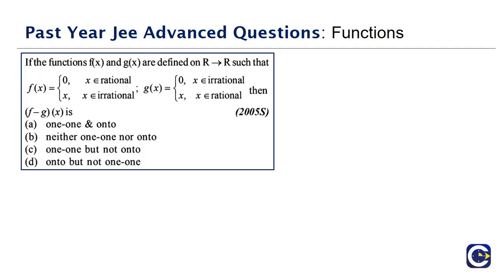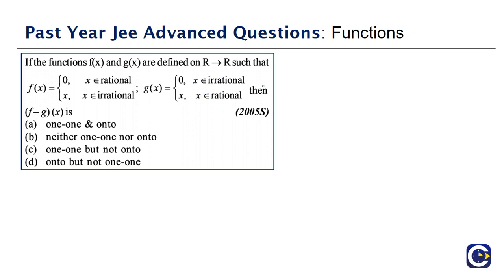If the functions f of x and g of x are defined from R to R such that f of x is equal to 0 when x belongs to rational numbers and x when x belongs to irrational numbers, and g of x is equal to 0 when x belongs to irrational numbers and x when x belongs to rational numbers, then which of the following options are correct? So f minus g of x is which of the following options?